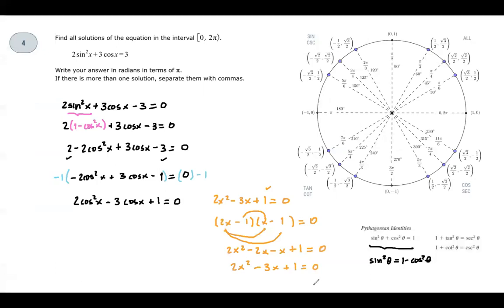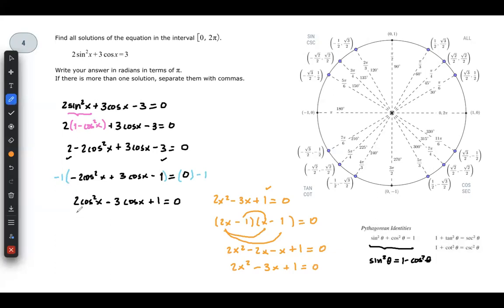So that means that I can use that knowledge in order to factor this equation as 2 times the cosine of x minus 1 and the cosine of x minus 1 equals 0.